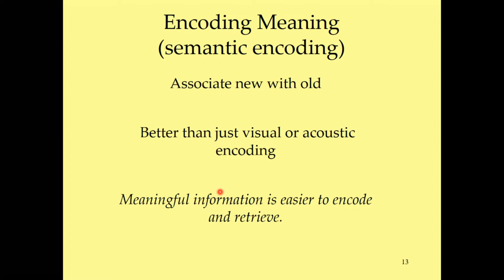So we tend to remember things better if we have a meaningful encounter with someone than if we just see an image of them or if we just hear their name. If we have that meaningful encounter, we're going to remember more about them more readily. Okay, meaningful information then is easier to encode and retrieve.